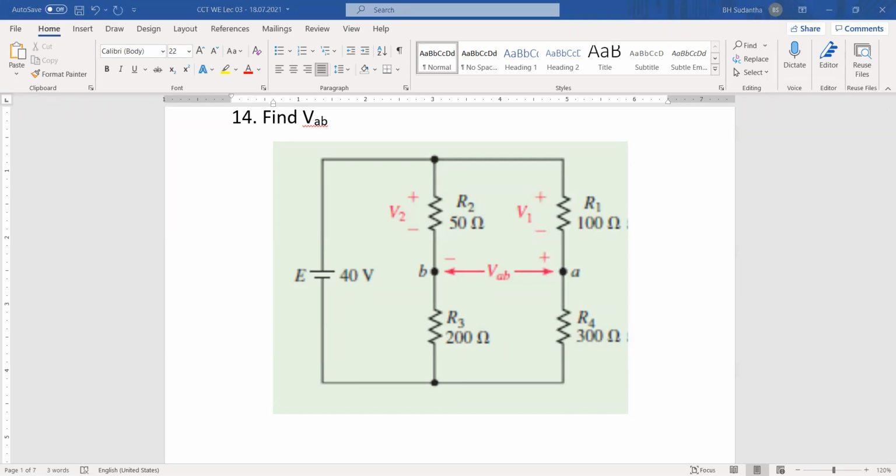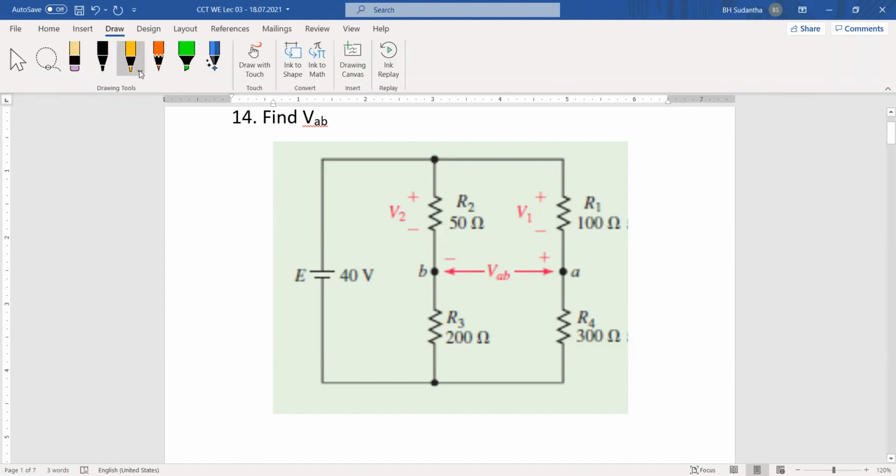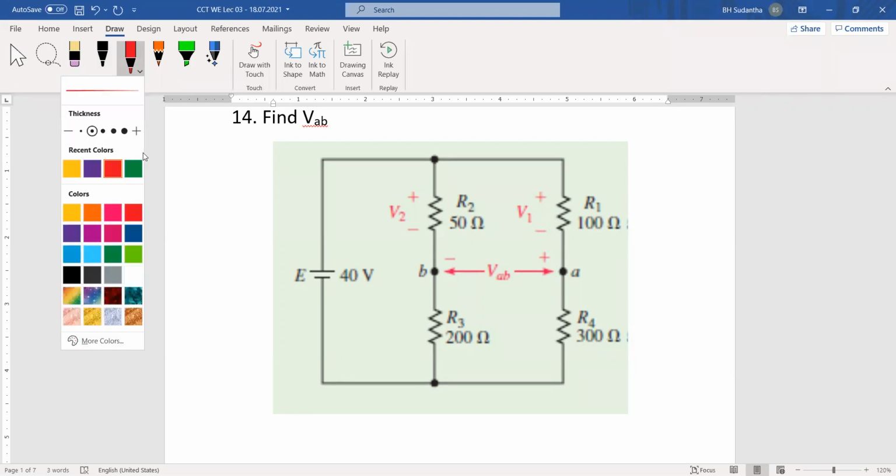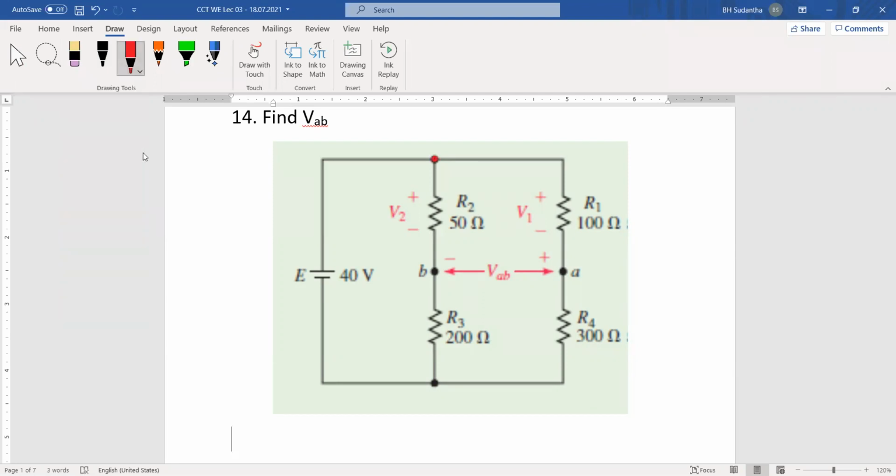Okay, here, you know that when we consider this node and this node, then across these two nodes the 40-volt power is applied.